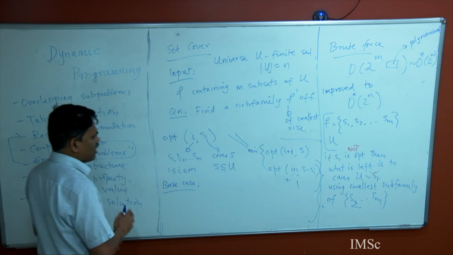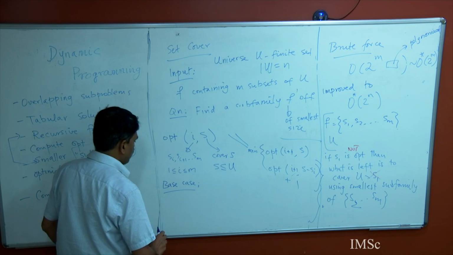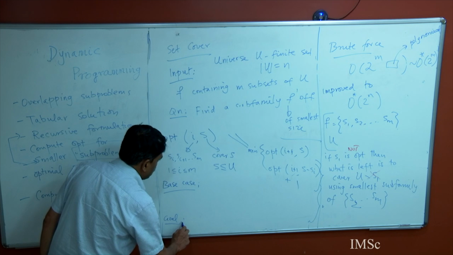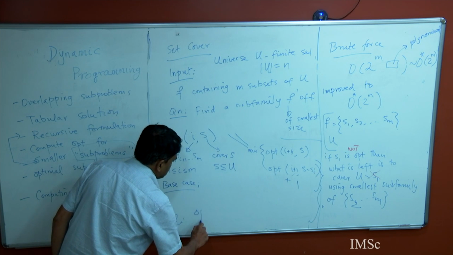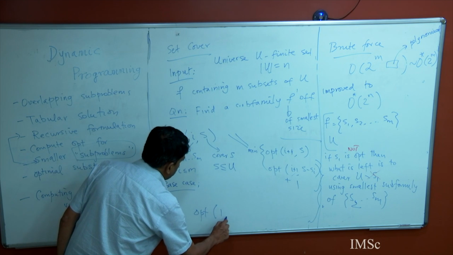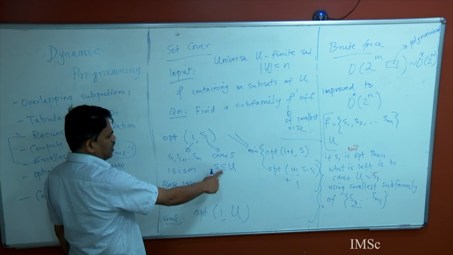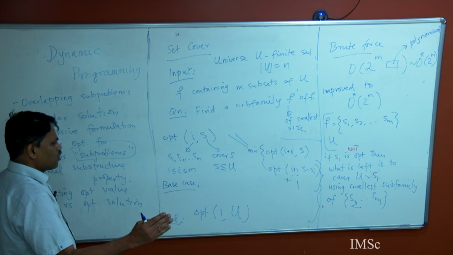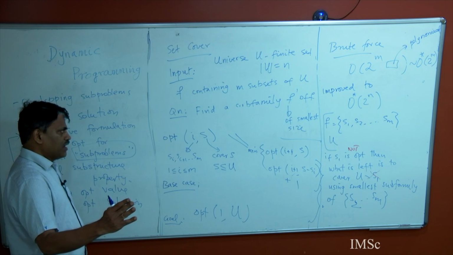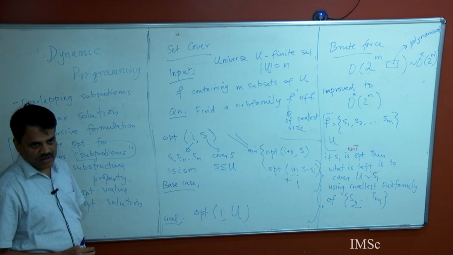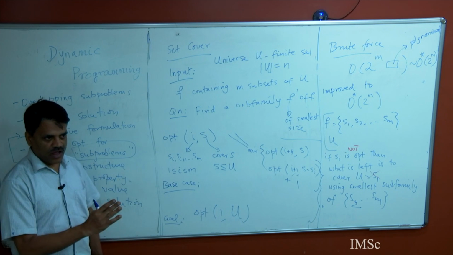First of all, what is my goal? What do I want to compute? Opt of 1, U. I want to use S1 to Sm to cover U. So it tells you I have to do it in decreasing order of i, because eventually I will stop at i equal to 1.